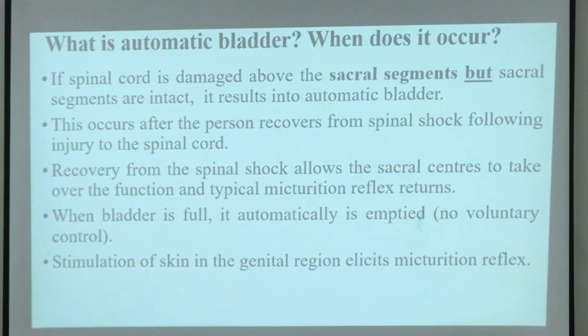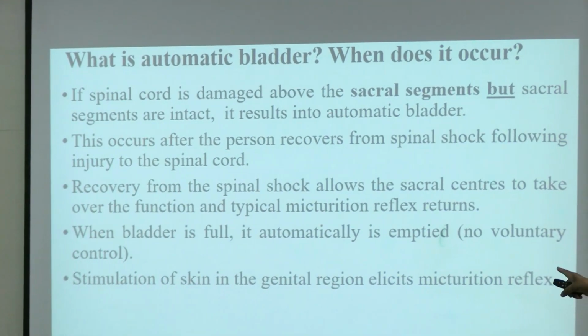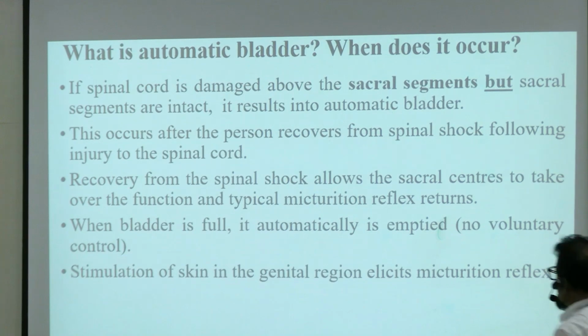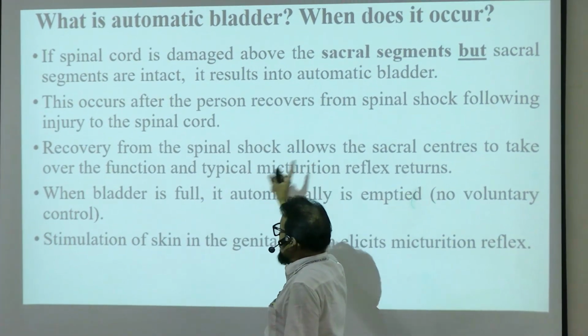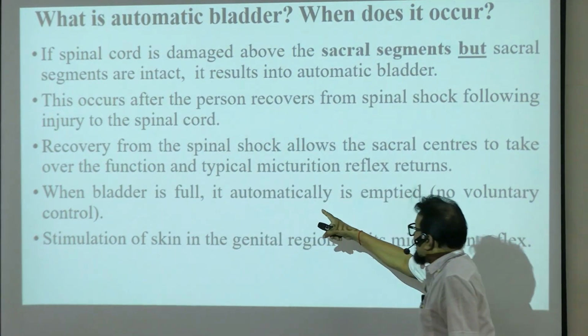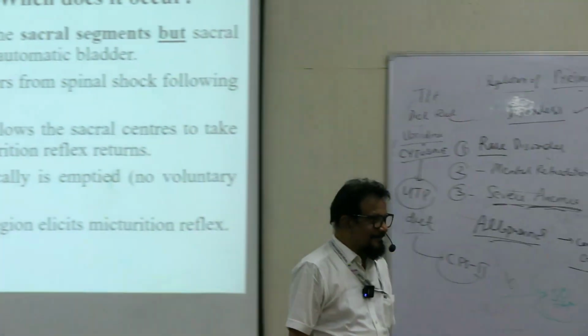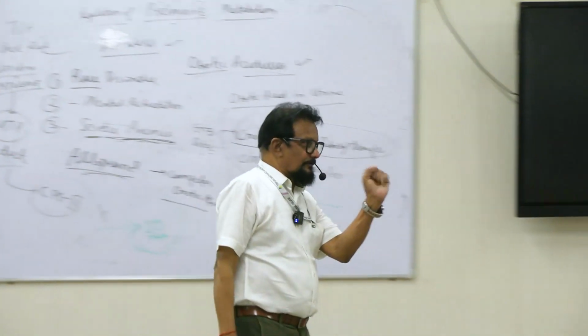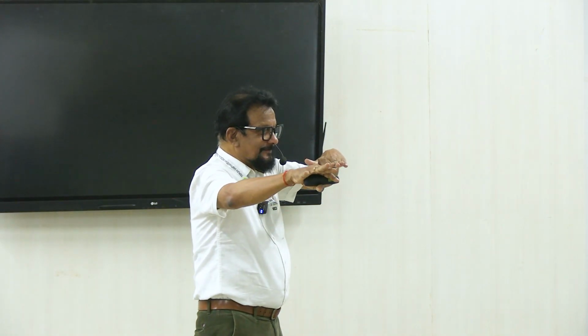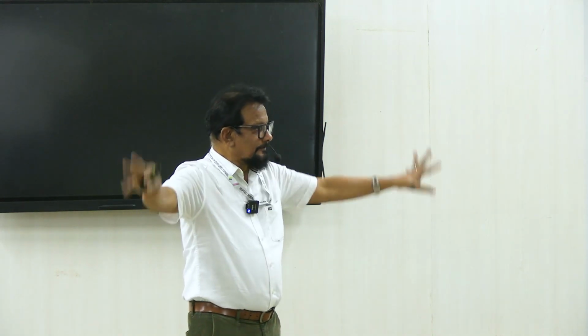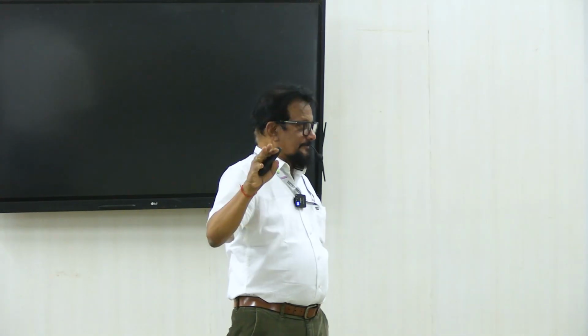Recovery from the spinal shock allows the sacral centers to take over the function, and the typical micturition reflex returns. When the bladder is full, it is automatically emptied. You cannot restrict it because the instruction of the higher center is disconnected. So there is no control. When it is full, it will come out. It is spontaneous. So this is the difference between the two.